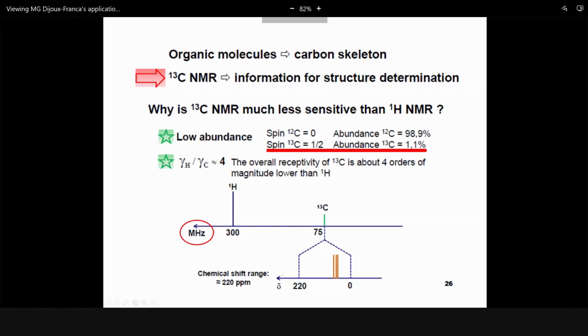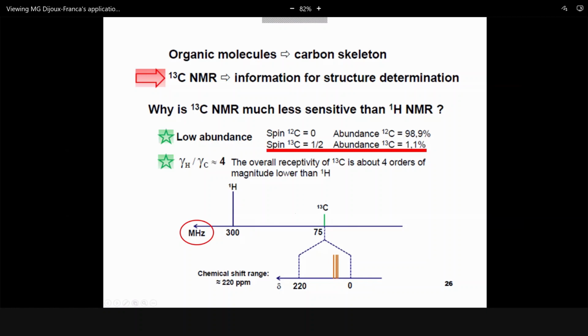So here we have the comparison between the range or the average value of frequency of resonance for the proton. We use the B0 of 300 megahertz for the proton, but for the carbon-13, the range is different.